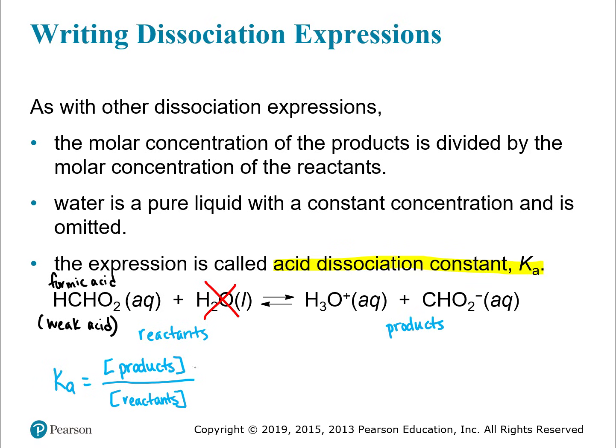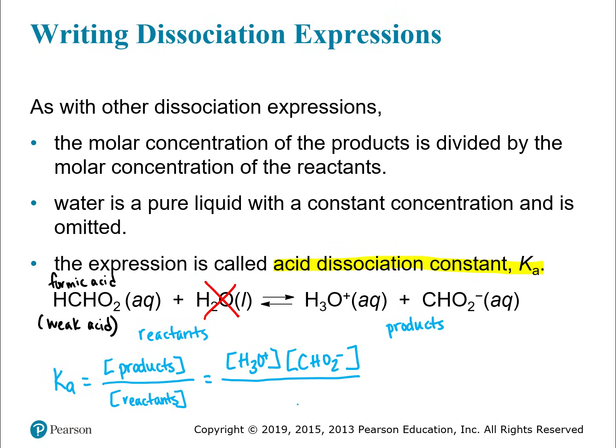What that looks like in this specific example with formic acid is we have the products of hydronium, H3O+, and we have the conjugate base that's formed. Those are our products. You write those in brackets, and what that means is the concentration, the molarity of each of those compounds. They're ions.